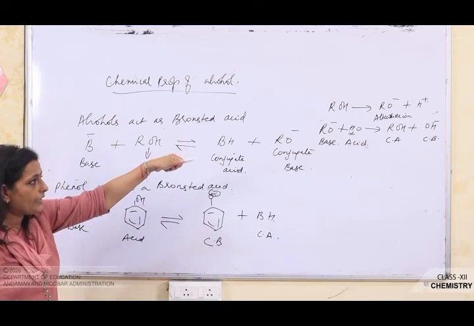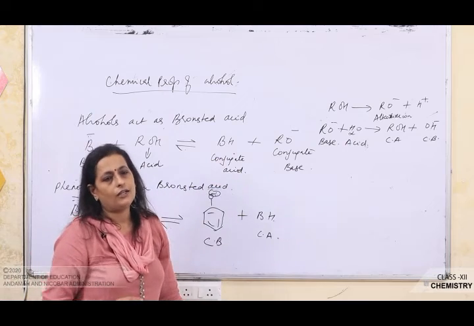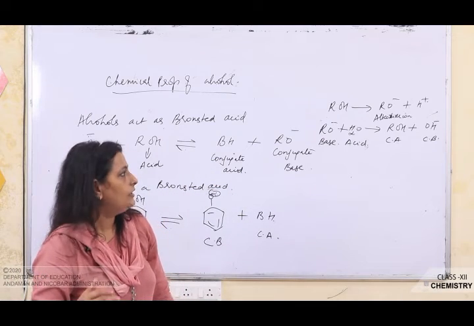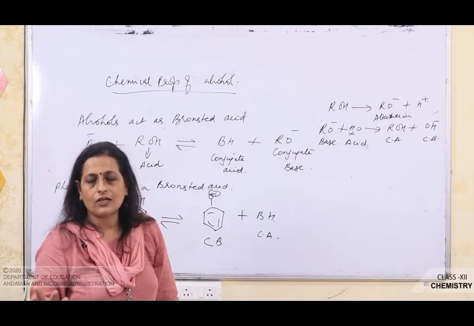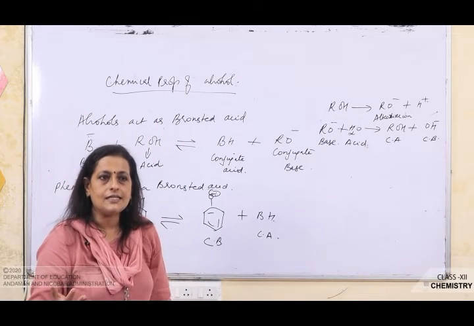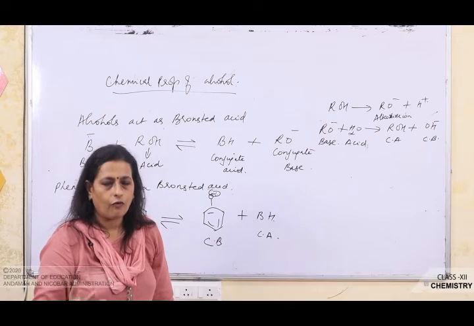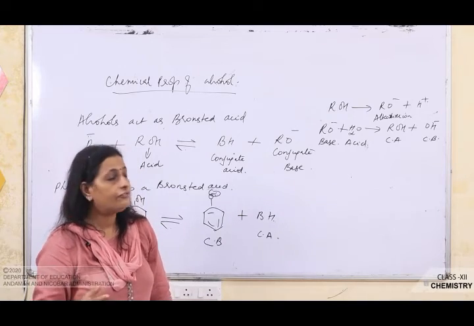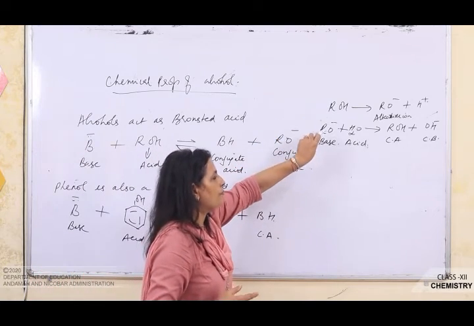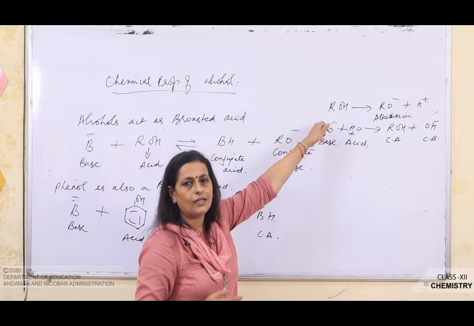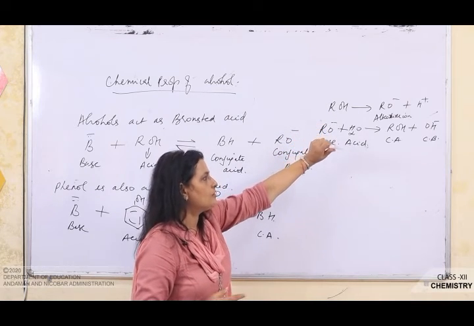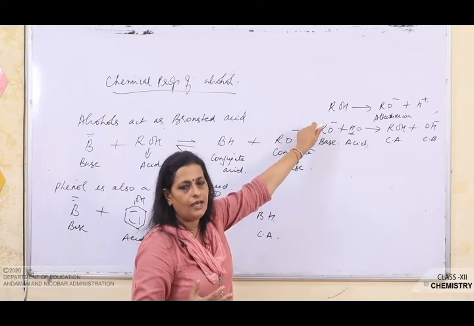But when we compare alcohol and water, alcohol is a weaker acid than water. Why? Because the alkoxide ion, which is the conjugate base of alcohol, easily accepts a proton from water, from which we can confirm that if the base is strong, the acid, that is alcohol, is weak in nature. So, water is a stronger acid than alcohol.